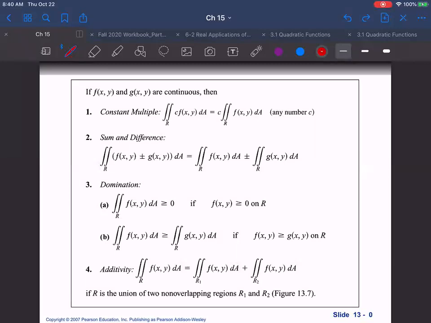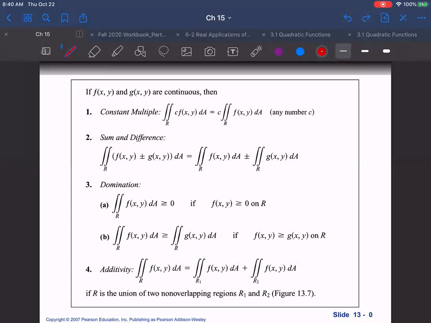If it was less than 0 everywhere, then we'd have a volume less than 0. And then here we can say that if we know everywhere on our region that f of x y is greater than g of x y, then our total volume over the same region for f of x y would be greater than g of x y.